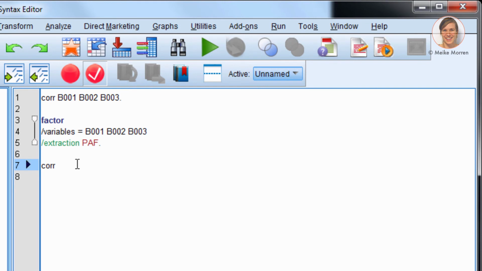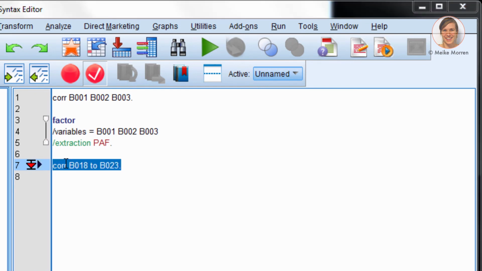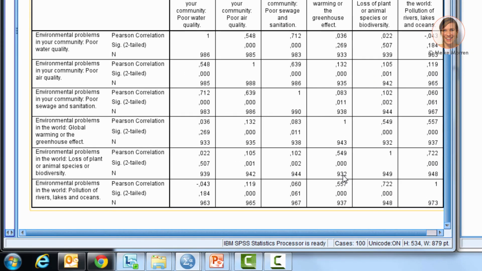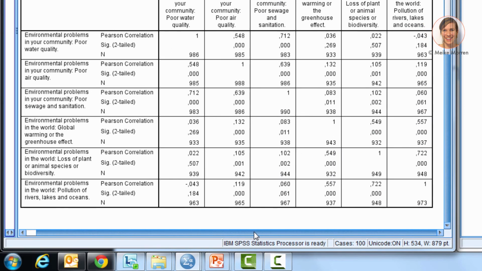Again, I compute the correlation matrix. Well, as you can see, the first 3 items relate to the community. The last 3 items relate to problems in the world.